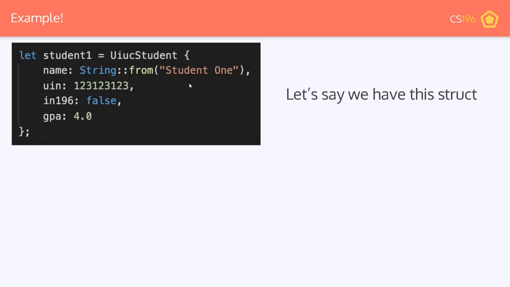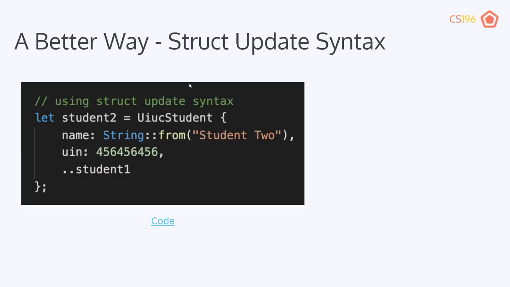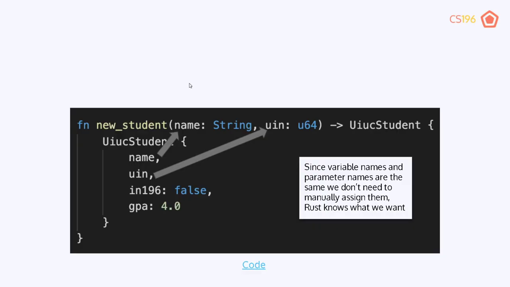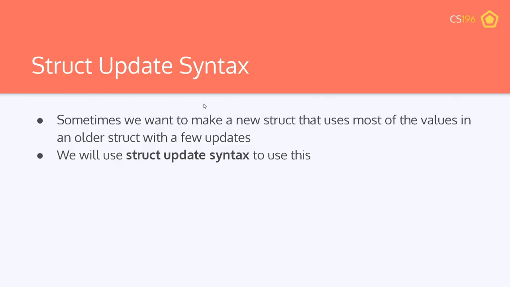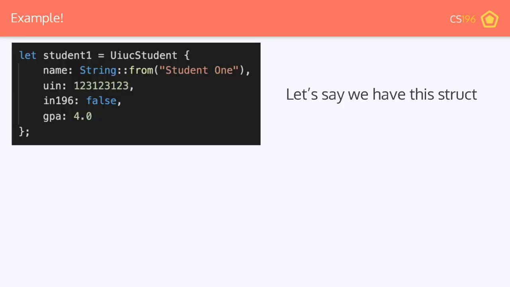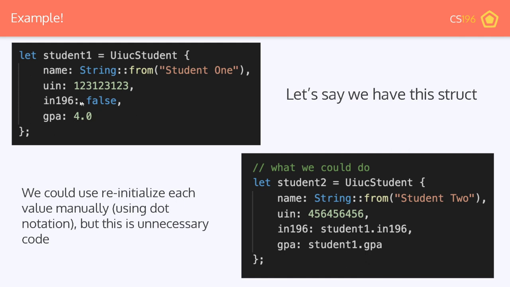We can do this thing called struct update syntax. Okay, and so, the big idea here is we want to make a new struct, and basically we're going to copy stuff from a different struct. And we can use struct update syntax to do this. So, we want to make our new struct, and we'll say, in 196 and GPA are, maybe they're the same, right?